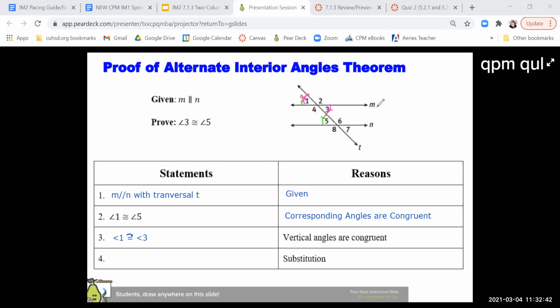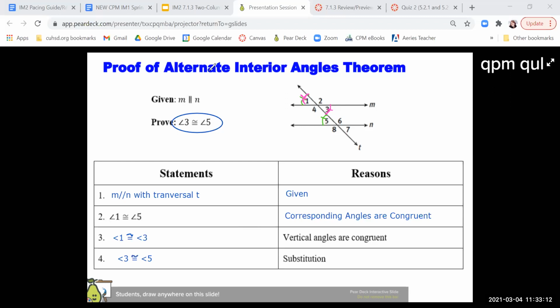All right, so we know angle 1 equals angle 5. We know angle 1 equals angle 3. Now think back to what we're trying to prove: that angle 3 equals angle 5. And that definitely follows from there. So now we can say that angle 3 is congruent to angle 5. I'll point out a clarification on that.